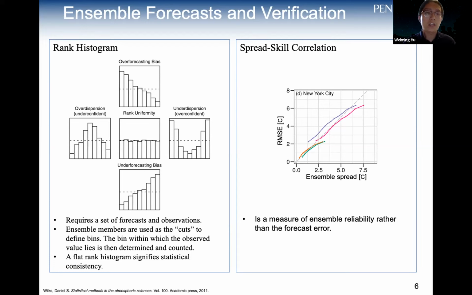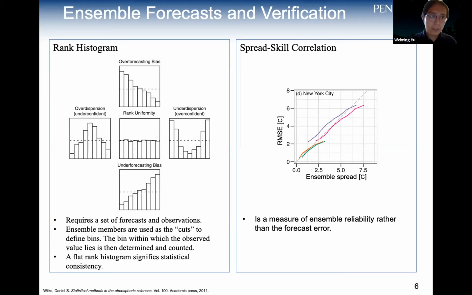It doesn't work if you only have one ensemble and one observation, so one prediction case. You cannot really generate a rank histogram. You need to have, let's say, a prolonged time period and a spatial domain to generate a rank histogram.